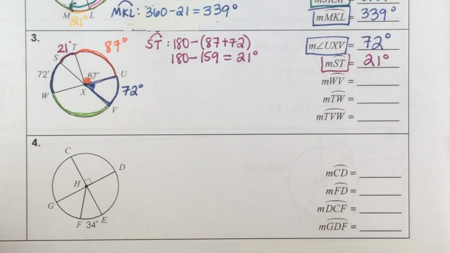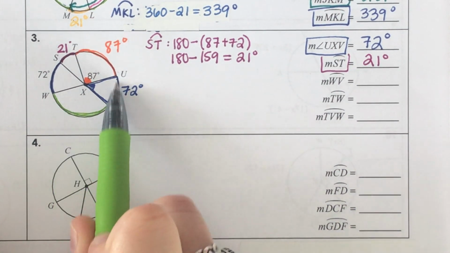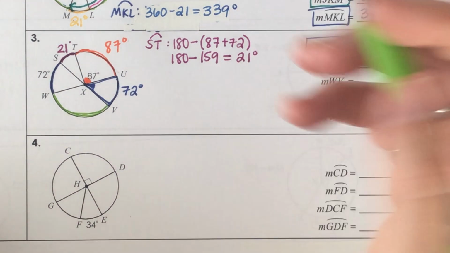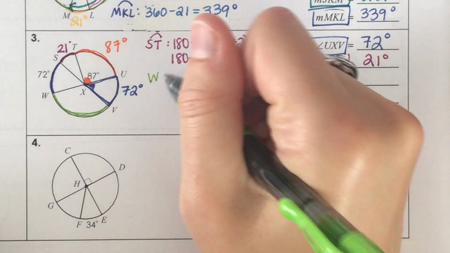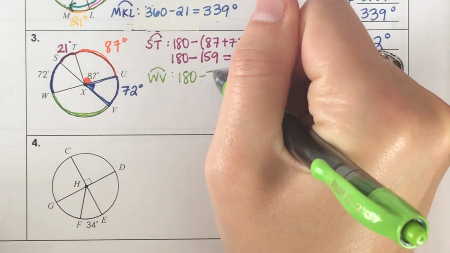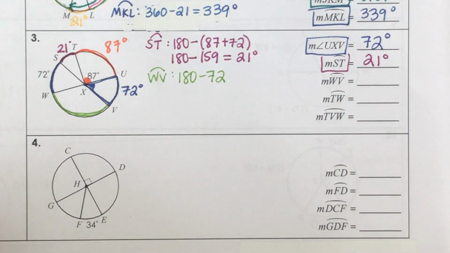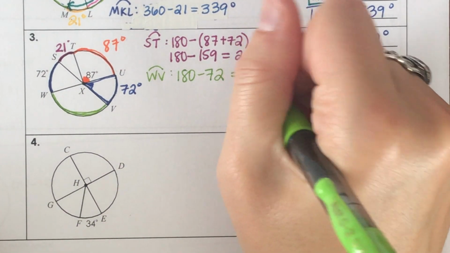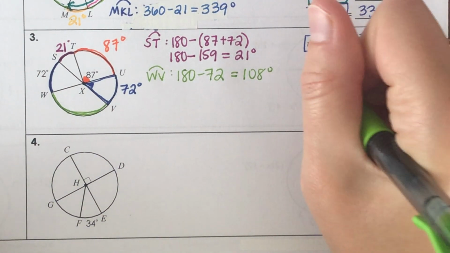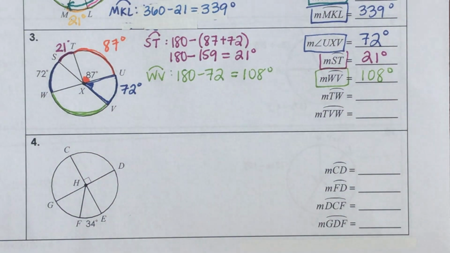So I can take 180 degrees and subtract this blue piece, and that will give me what's left over in the green. So for WV, I'm going to do 180 minus 72. If I do that, I get 108 degrees. Okay, there's more than one way to do it, so if you do it a different way, that's okay.